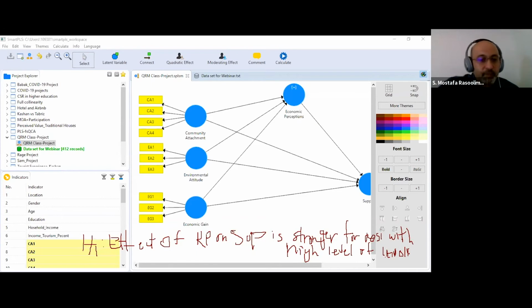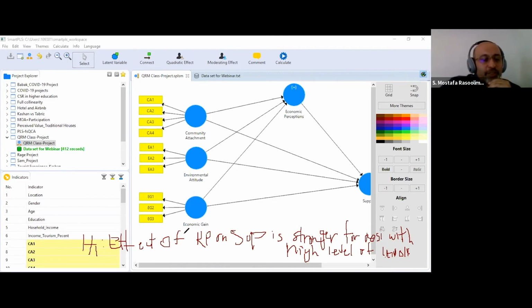Okay, so the hypothesis is effect of perception on support is stronger for residents with high level of involvement.